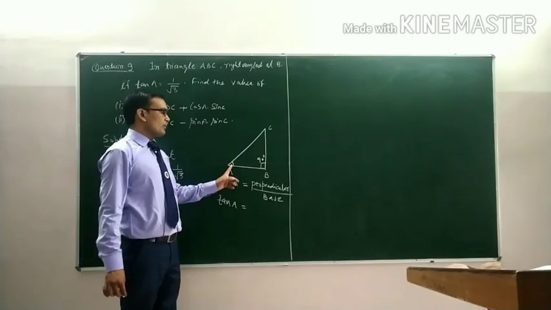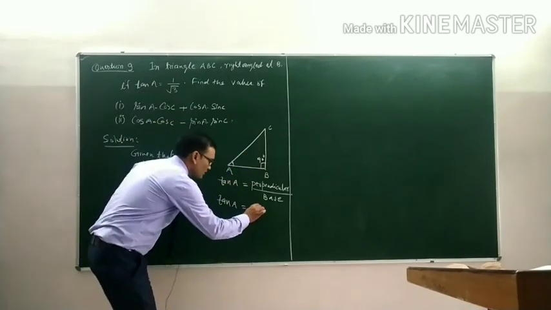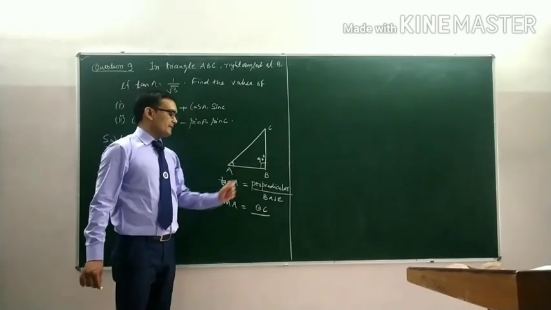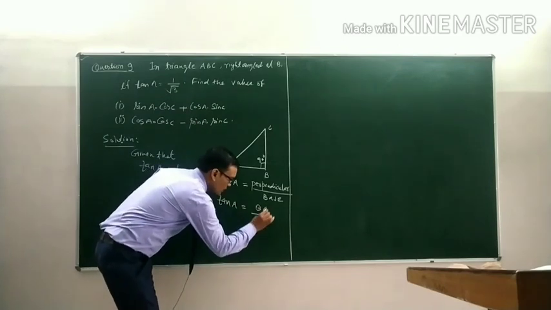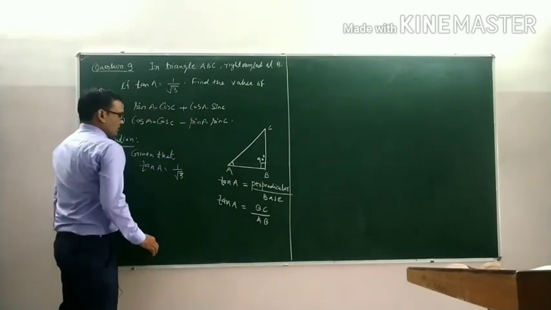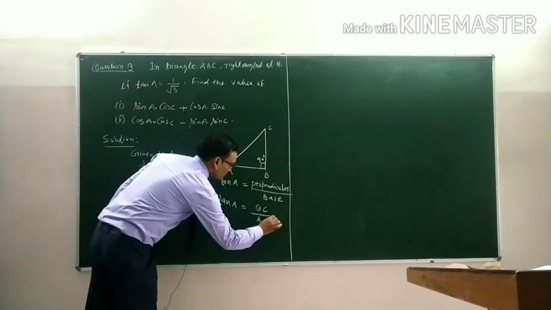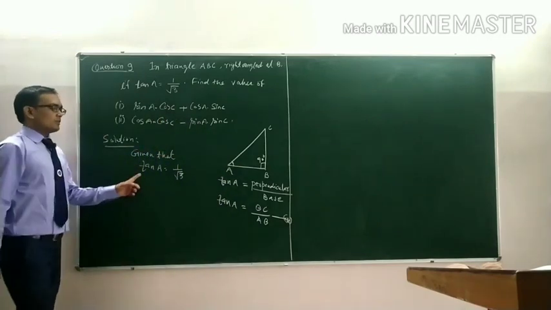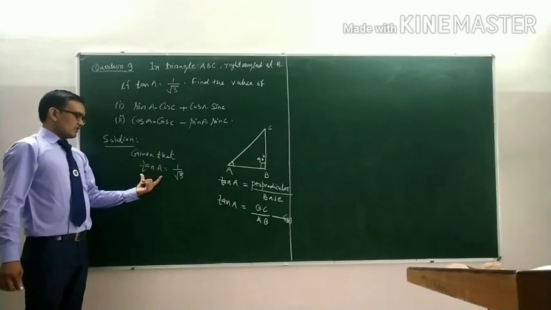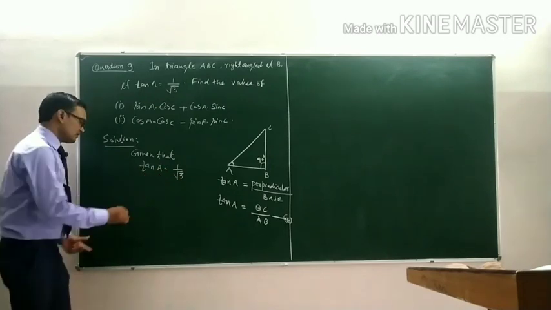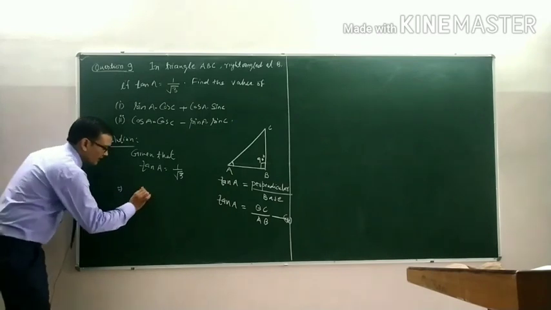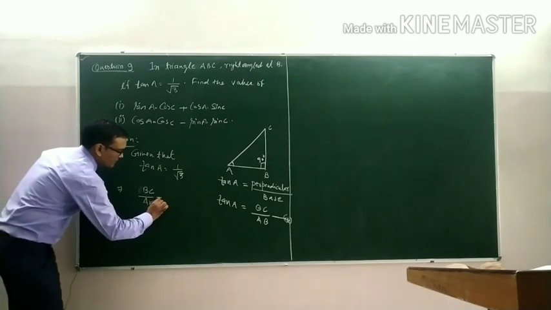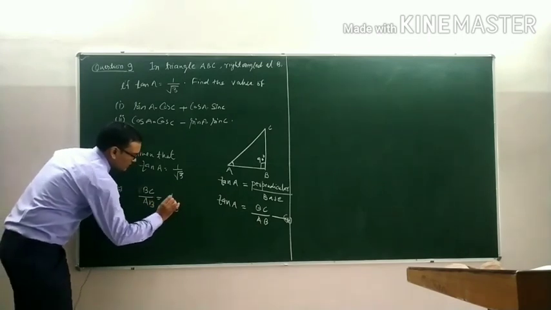For angle A, perpendicular side is BC upon, what is the base? Base is AB. This notation is the star. We put the value from star of the tan theta. This implies that BC upon AB is equal to 1 upon square root 3.